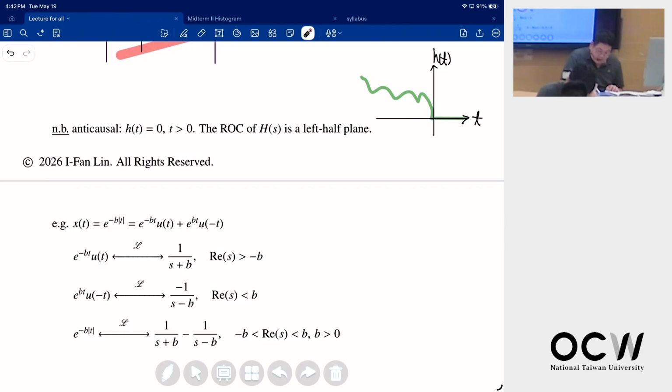And for this part, this is the left-sided signal. So the region of convergence should be less than b. If I combine these two here, the region of convergence is between minus b and b, where b is greater than 0. Okay.